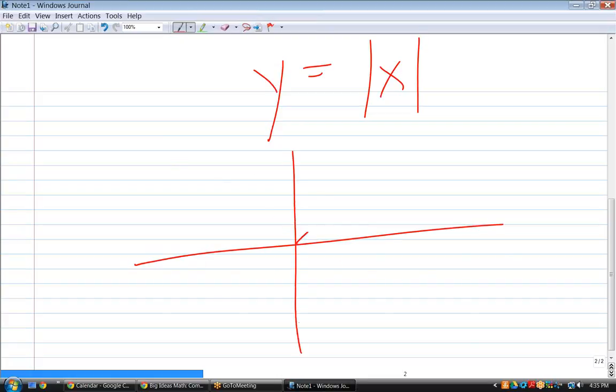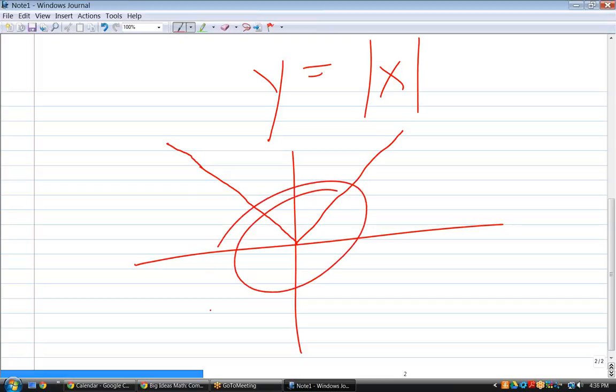It's equal, y is equal to x whenever x is positive, and it's equal to negative x whenever x is negative. Okay. So it will never go negative. Yeah, any absolute value graph is going to have this kind of look to it.